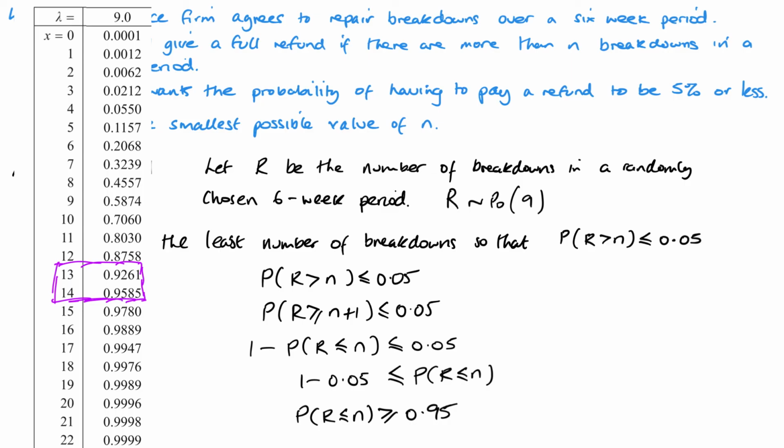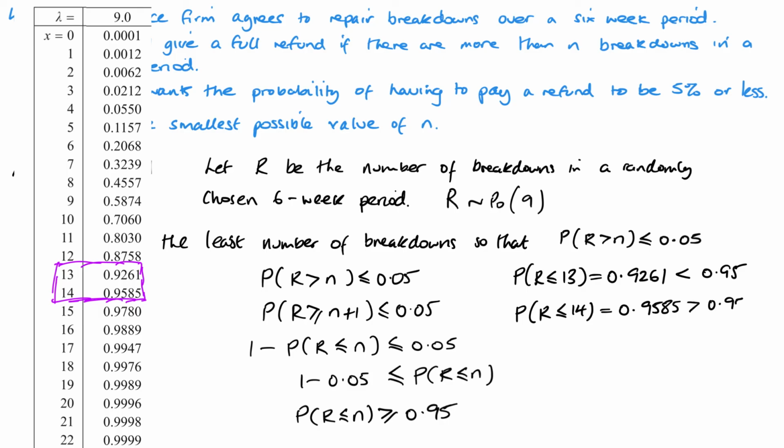So we've got the probability when R is less than or equal to 13 equals 0.9261, which is obviously smaller than our 0.95. And the probability when R is less than or equal to 14 is equal to 0.9585, which is greater than our 0.95, which then satisfies this, doesn't it?